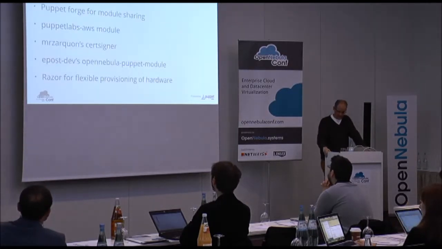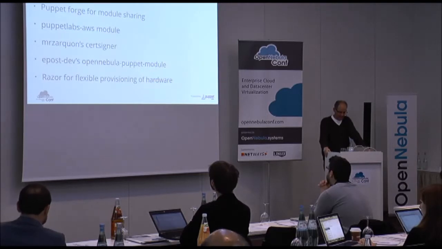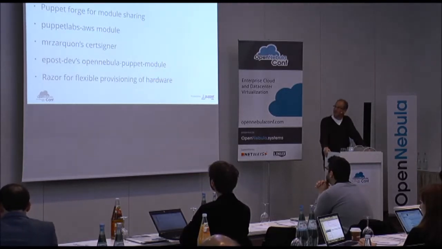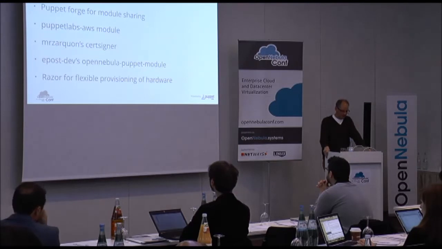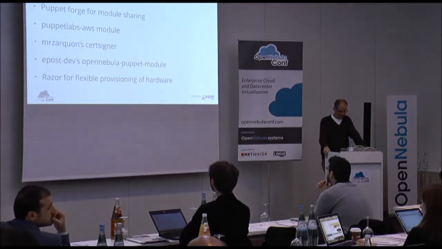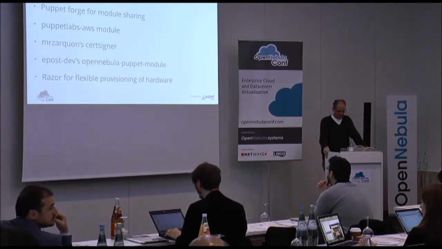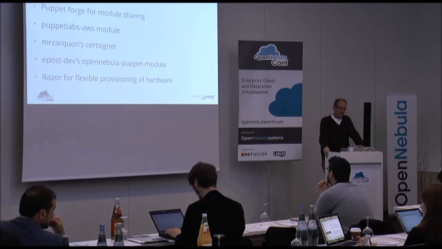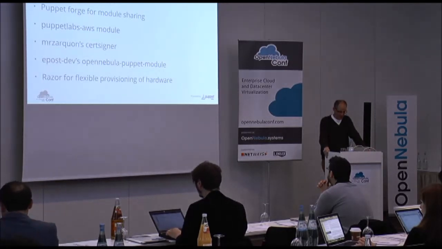Okay, so just a quick summary of what I've talked about. If you're using Puppet or write any Puppet code, the Forge should be your first stop to see what's out there, or to tell the world what you've done. The AWS module lets you create and manage what instances you have running through the EC2 API.